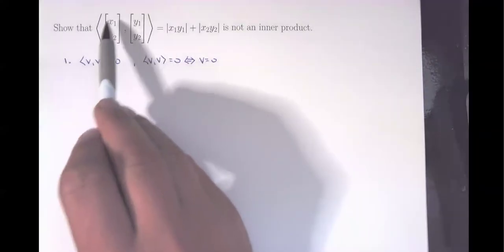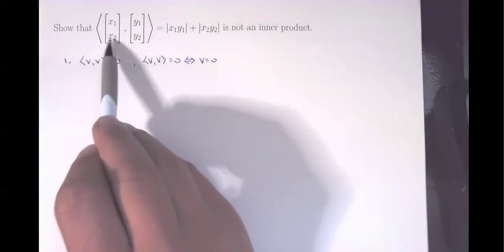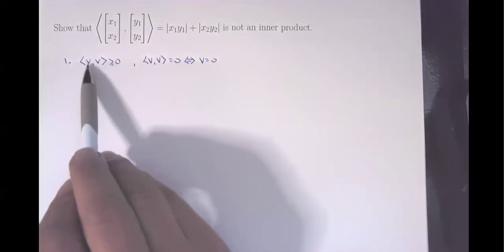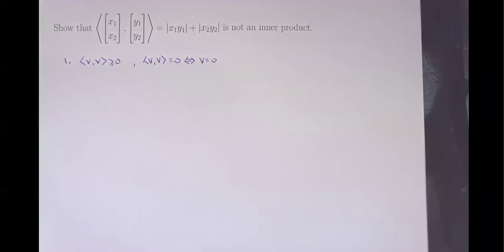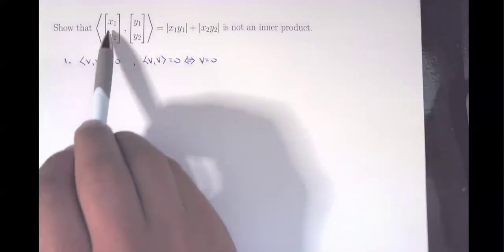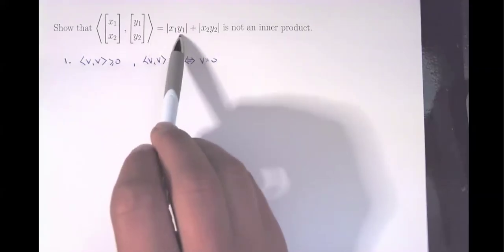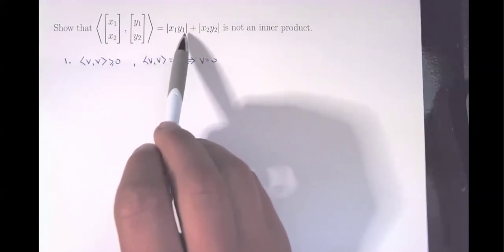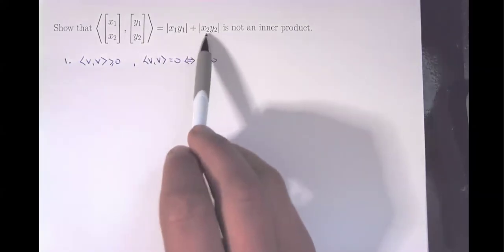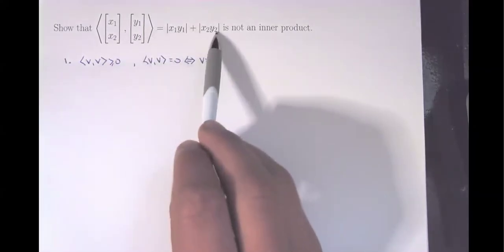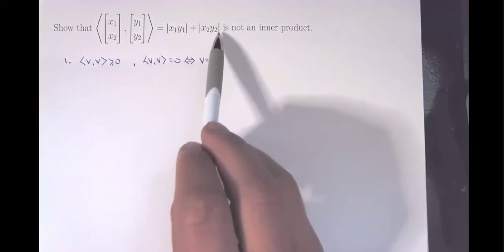property, our x1 and our y1 are the same, our x2 and our y2 are the same because we're taking the inner product of V with itself. And so x1, y1 would end up here. So we get the absolute value of whatever that is, plus the absolute value of x2, y2. So those guys end up there.